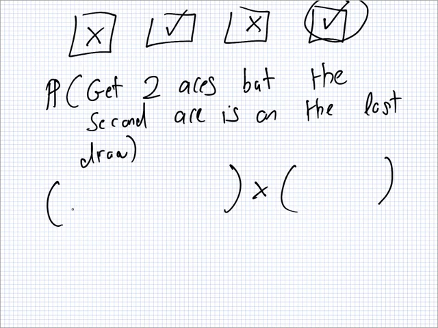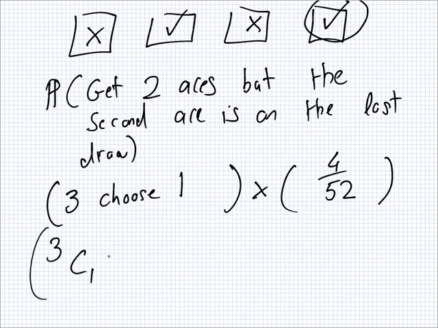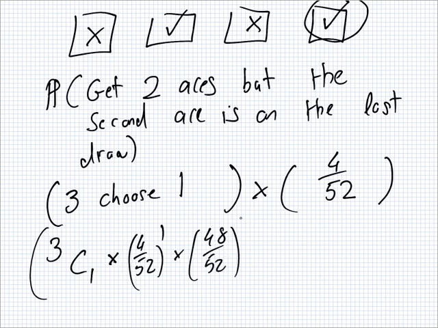So the first half is a 3 choose 1 problem, and then the second half is just a simple what's the probability of getting an ace. So what is the probability of getting an ace? 4 over 52. So the answer would be 3C1 times 4 over 52 power 1 times 48 over 52 power 2 times 4 over 52.